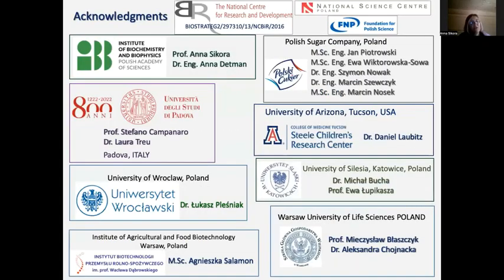Here you can see a list of the relevant publications. There are papers published in Biotechnology for Biofuels, Frontiers in Microbiology, Microbiome, Microbial Cell Factories, International Journal of Hydrogen Energy, Polish Journal of Environmental Studies, PLOS ONE, Bioresource Technology, and a chapter in a book.